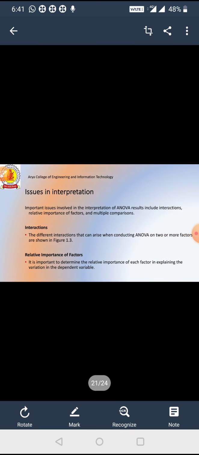The basic issues of interpretation are as follows. Key important issues involved in the interpretation of ANOVA results include interactions, relative importance of factors, and multiple comparisons.